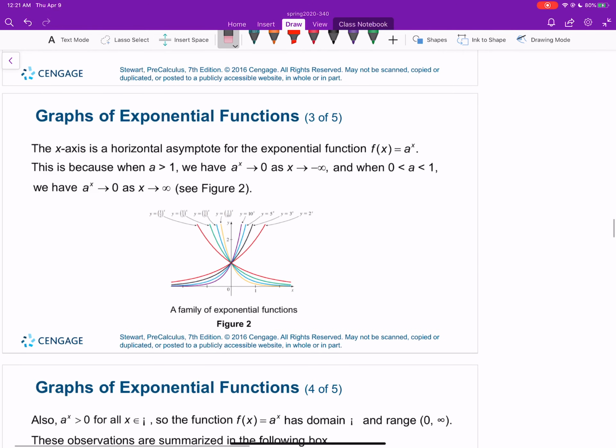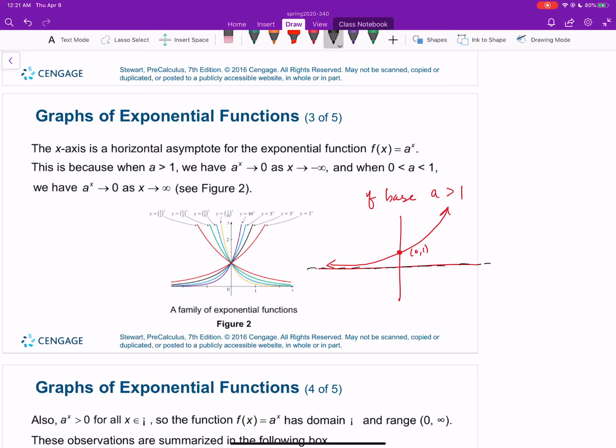We can also see that we talked about horizontal asymptote. So if the base a is greater than 1, then your graph looks like this, passing through that point 0, 1 with the horizontal asymptote right here.